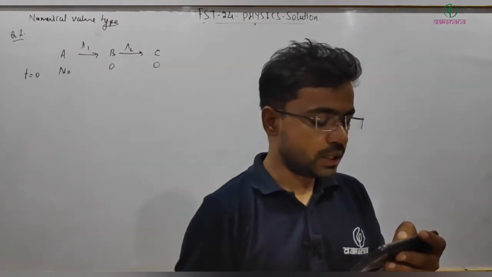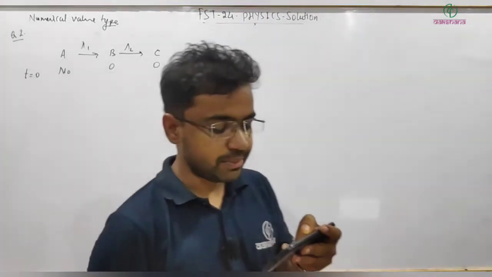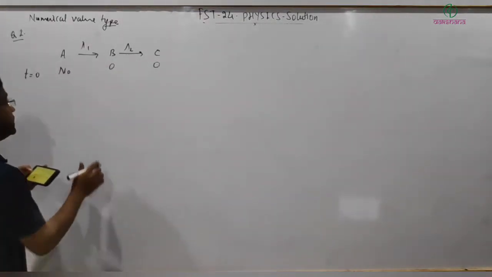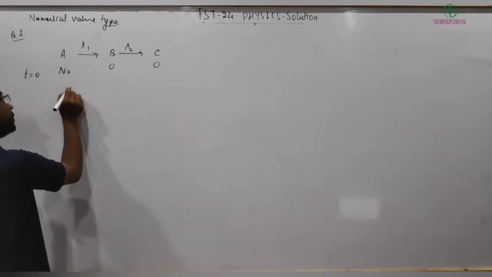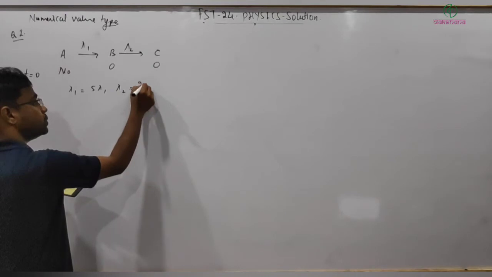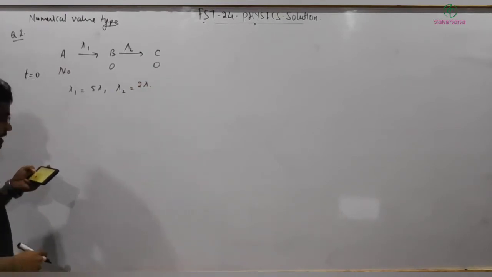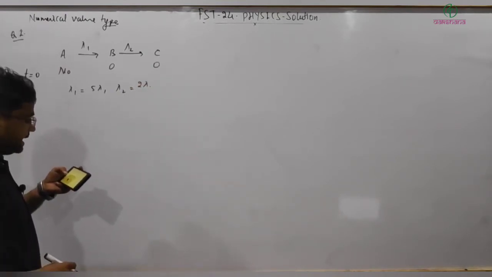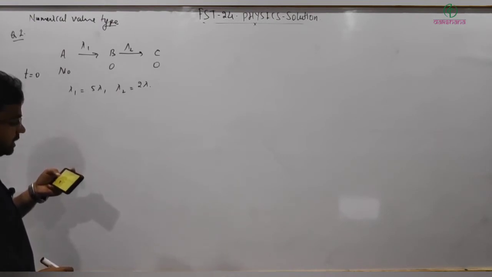The decay constant for A to B is λ1, and for B to C is λ2. λ1 is given as 5λ, and the value of λ2 is given as 2λ. The time after which B will have the maximum number of nuclei is of this form, then the value of B₀ will be.